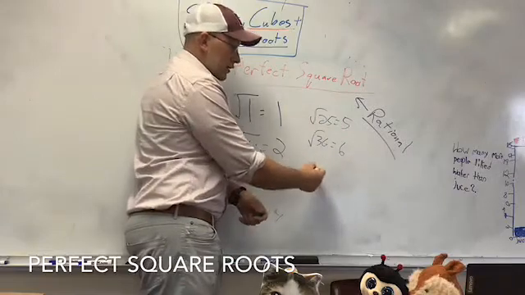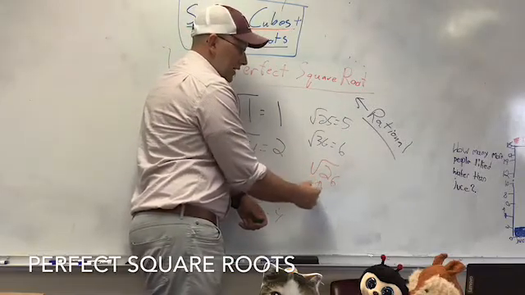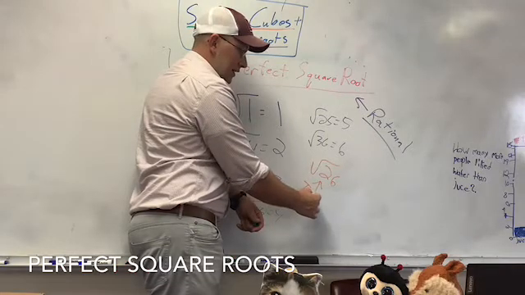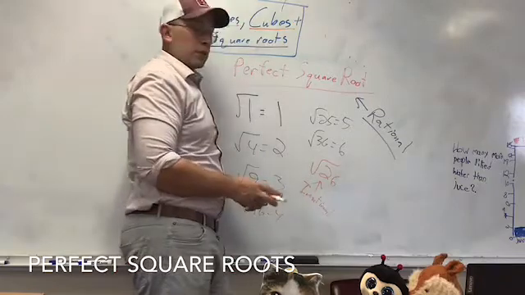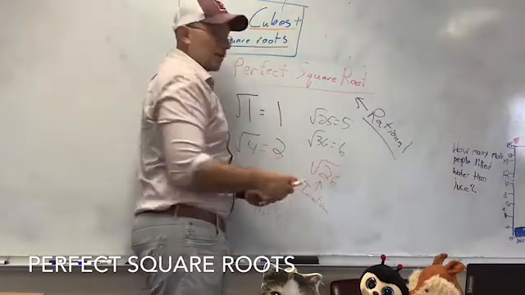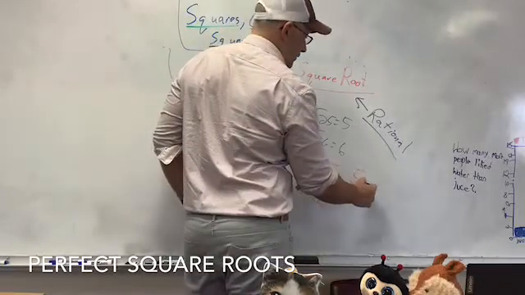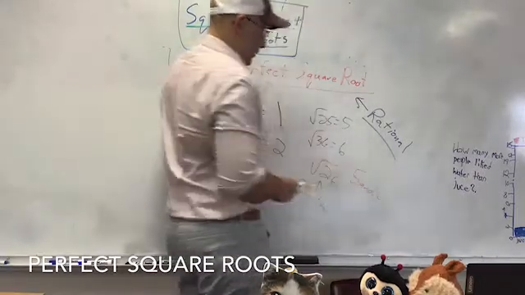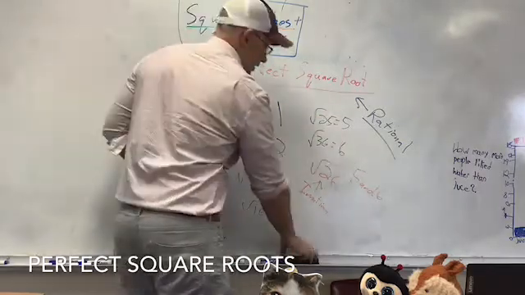But if I did the square root of 26, that is not a perfect square and is irrational. And by the way, if I asked you what terms it comes in between, you would say 5 and 6. It's still irrational, but it falls between 5 and 6.